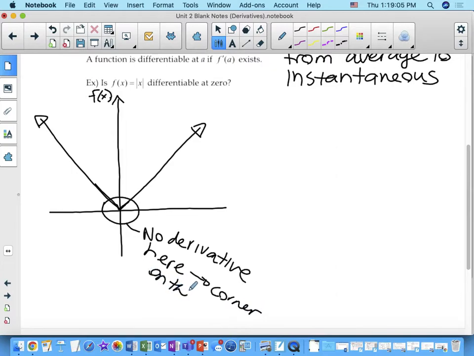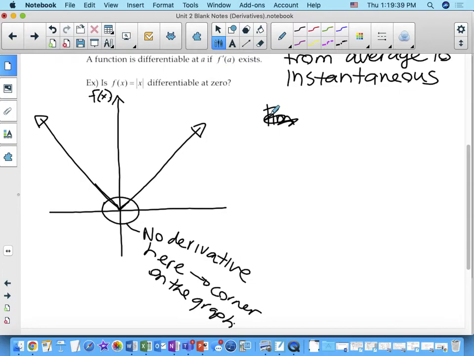on the graph. Now, we looked at this when we looked at limits as well. Actually, let's just think about the slope of the tangent line in this direction.